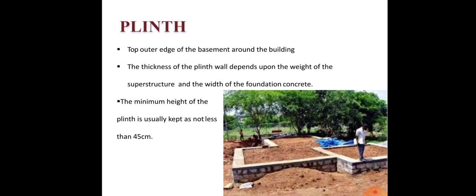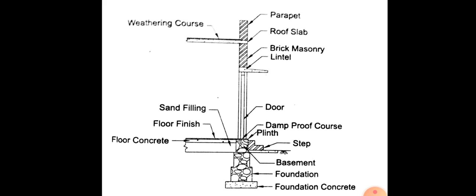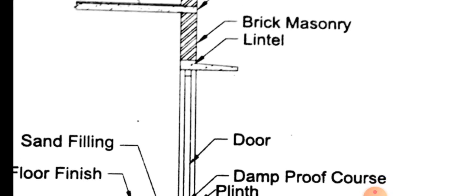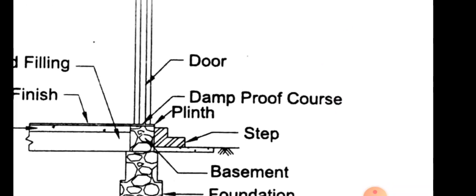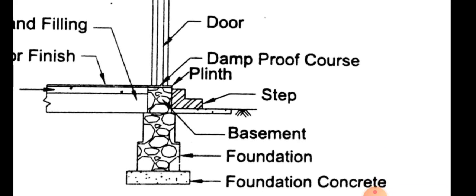Coming to the next part, that is the plinth. The plinth is the top outer edge of the basement around the building. You can see here in this figure, this is the plinth. The top outer edge of the building, we call the plinth. The plinth is between the substructure and the superstructure.